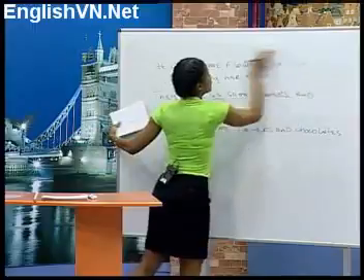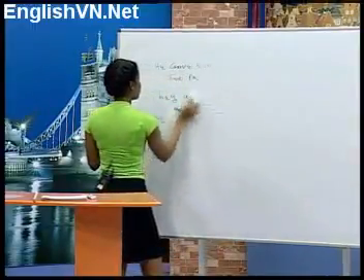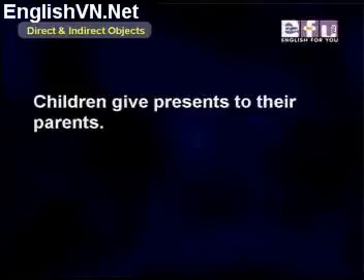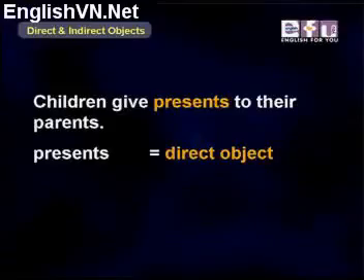Sylvia, here's another one for you. You're all doing very well. Children give presents to their parents. Presents is the direct object and their parents is the indirect object. Good.